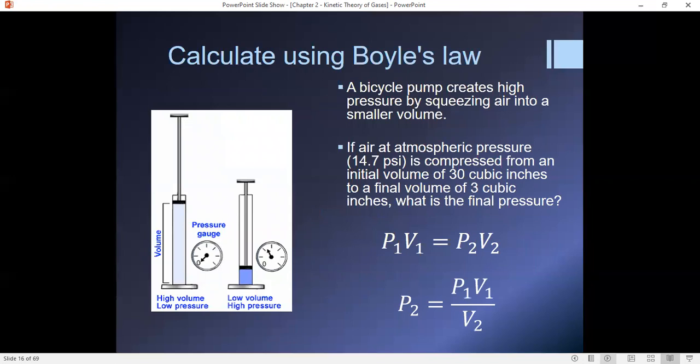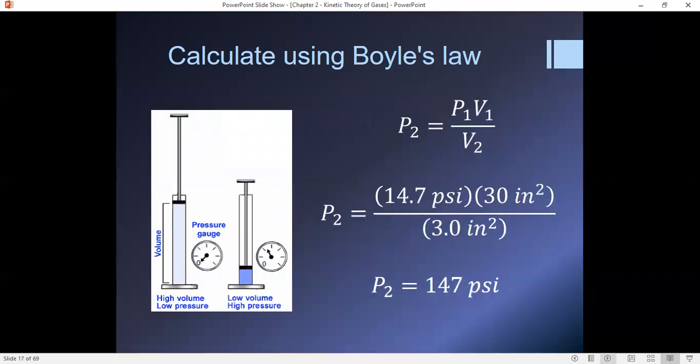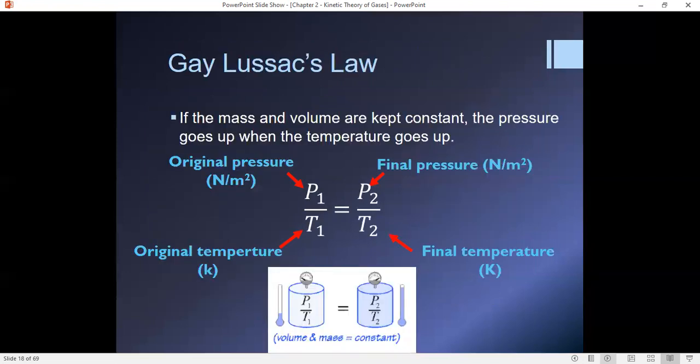Another important law, besides Boyle's law, is the Gay-Lussac law. Basically, this relates pressure and temperature. Again, all other properties have to be constant. The number of molecules is held constant. If we hold the volume constant in a closed container, as we raise the temperature, we know the pressure of the vessel is going to increase. Let's say we look at a container of gas at one temperature, and then we double that temperature.